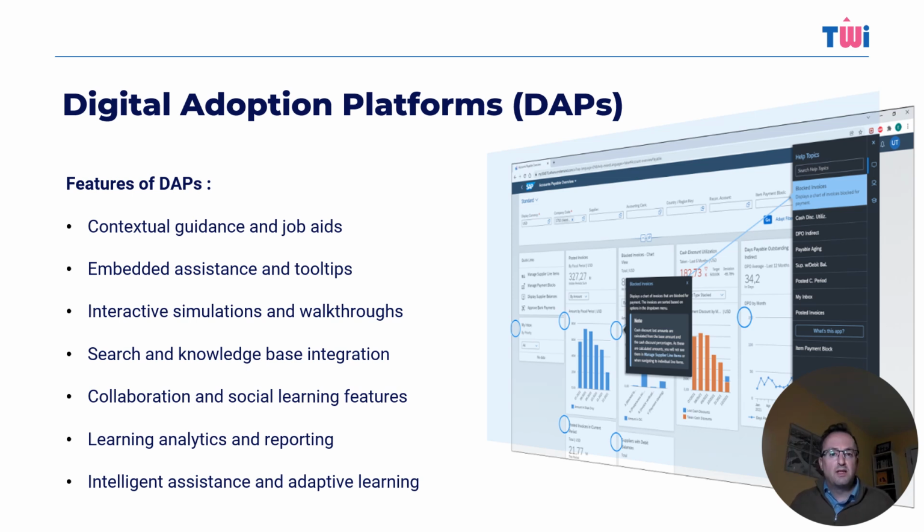They often have robust analytics and report capabilities, allowing organizations to track user engagement, performance metrics, and knowledge gaps, which can then help identify areas of further training and support in business as usual. Finally, and in recent times, some DAPs already can incorporate artificial intelligence and machine learning capabilities to provide intelligent assistance and adaptive learning experience, which can in turn suggest personalized learning paths, recommend relevant resources, or adapt the level of guidance based on the learner's needs and proficiencies.